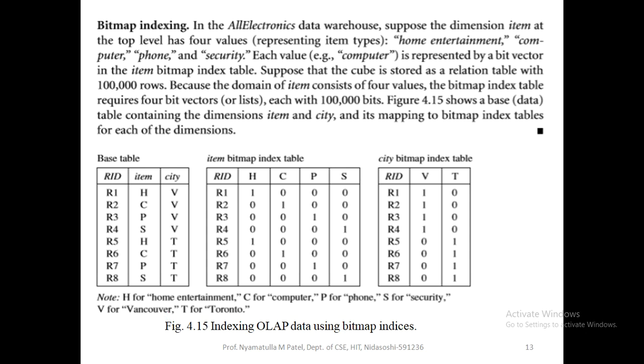Bitmap indexing has advantages compared to hash and tree indices; it is better. It is especially useful for low cardinality domains because comparison, join and aggregation operations are then reduced to bit arithmetic, which substantially reduces the processing time.